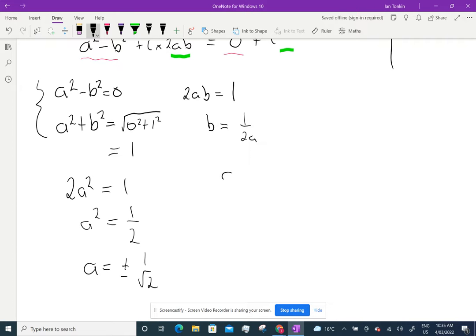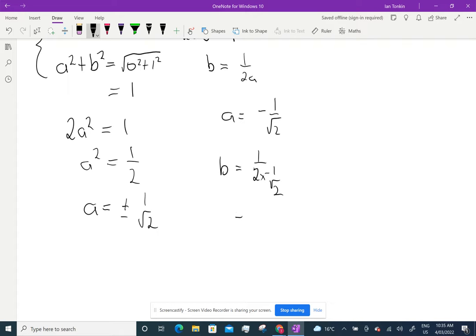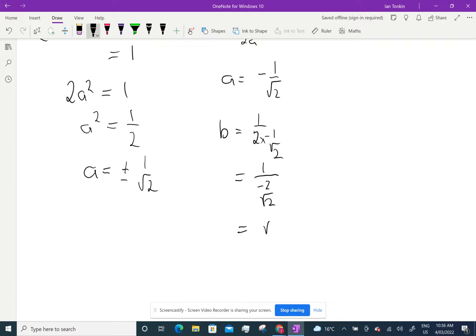So if a equals negative 1 on root 2, b equals a half times 1 over negative 1 on root 2, which will give me 1 on negative 2 on root 2, multiplied by the reciprocal, and I get root 2 on negative 2.